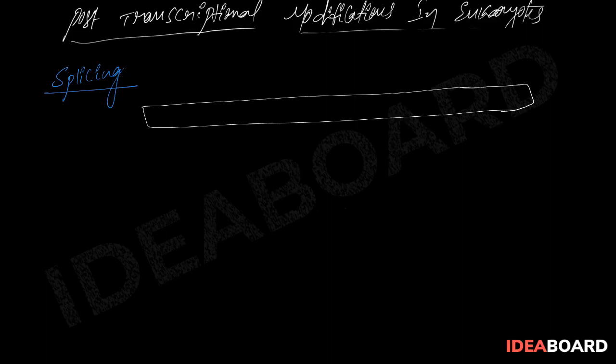Capping and tailing are followed by splicing. Splicing is nothing but removal of non-coding sequences, that is introns.